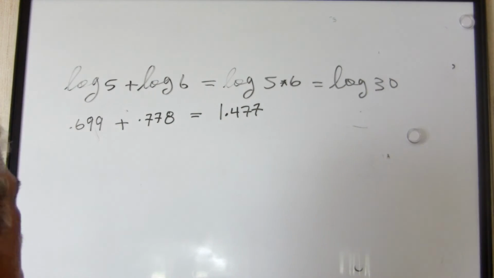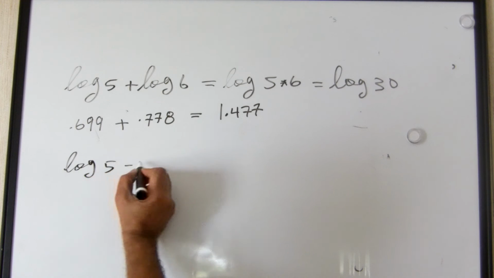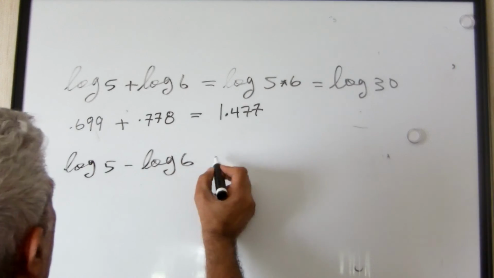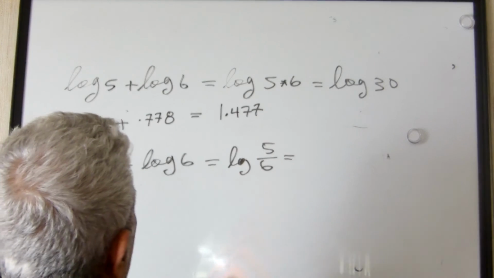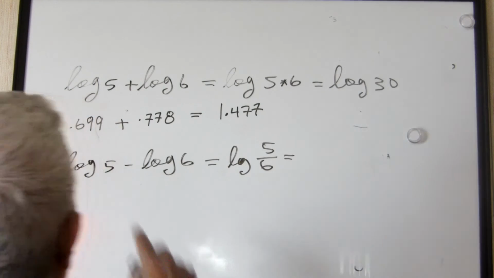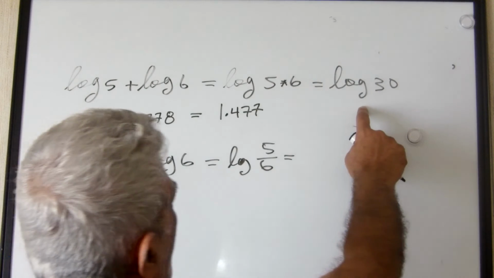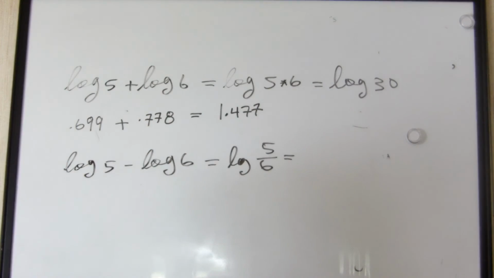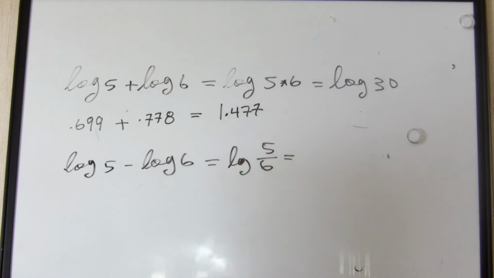The same if you have log 5 minus log 6, it's going to be log 5 over 6, you know. And you can find it. So let's add this together to see if we find this one from the calculator. Let me show you something else.